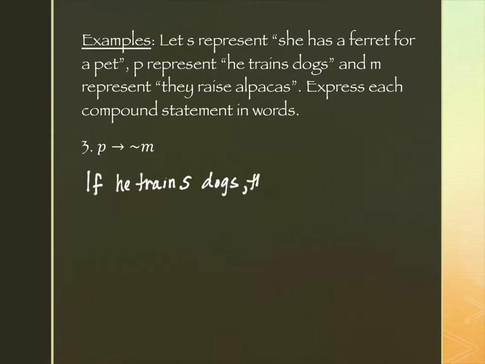We put the word then. So there's that if-then connective showing up. And then you need to do the negation of M. We talked about negations last time, okay? We talked about the fact that they're not always super straightforward. This one is a very simple statement. The M statement is they raise alpacas. So what would the negation of that be? They do not raise alpacas.